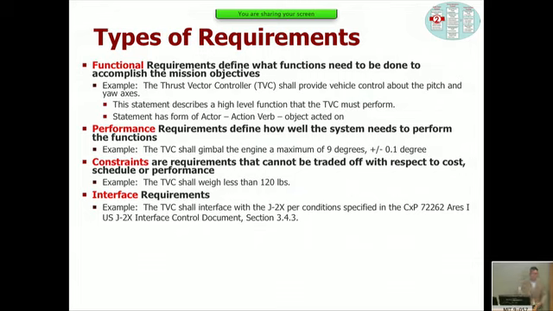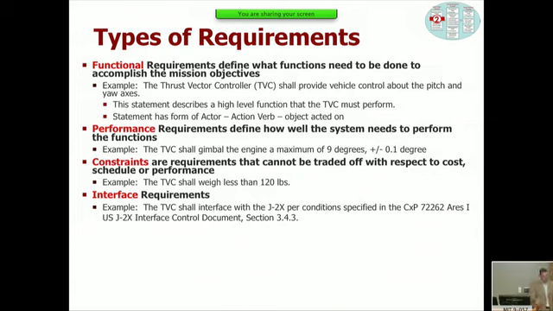The fourth one is what Marissa brought up. This is an interface requirement. Okay, so in this case, our thrust vector controller shall interface with the J2X. The J2 is a very famous engine, and J2X was written during the Constellation program at NASA, the idea of a new generation of the J2 engine.